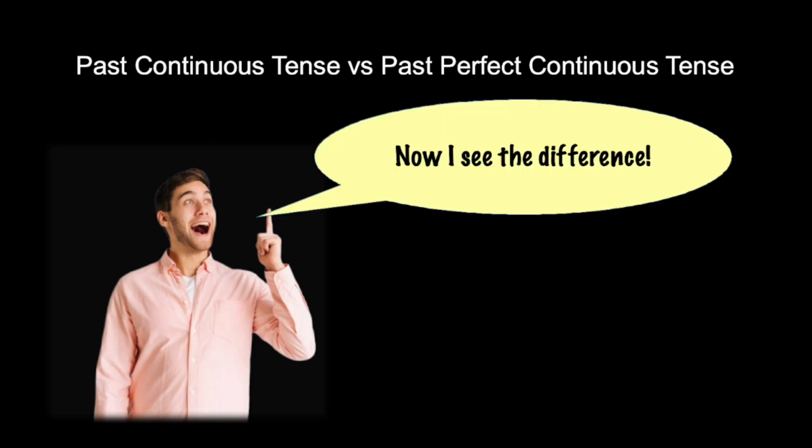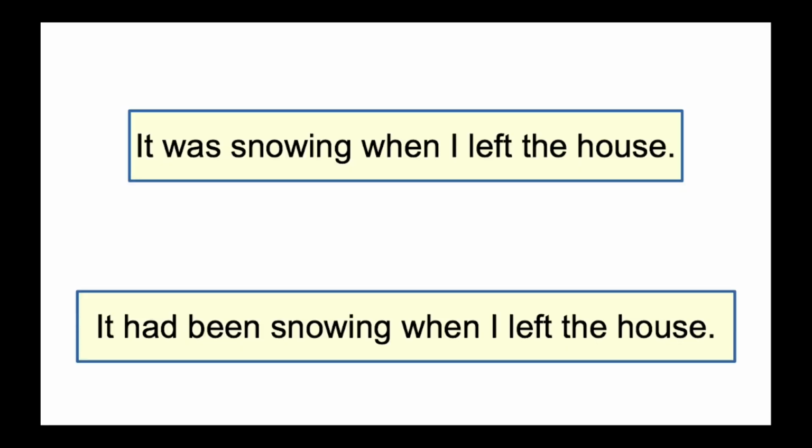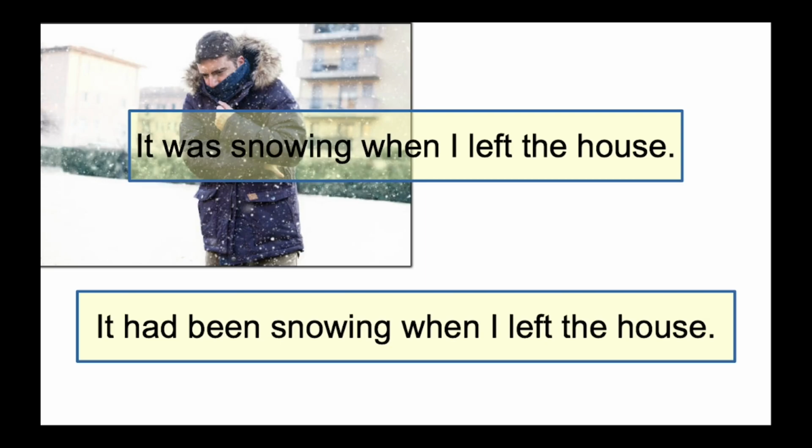Okay, but now take a look at these sentences. It was snowing when I left the house. It had been snowing when I left the house. The first sentence tells you that when I opened the door and stepped outside the house, there was snow falling from the sky. It was snowing at the exact moment that I left the house.